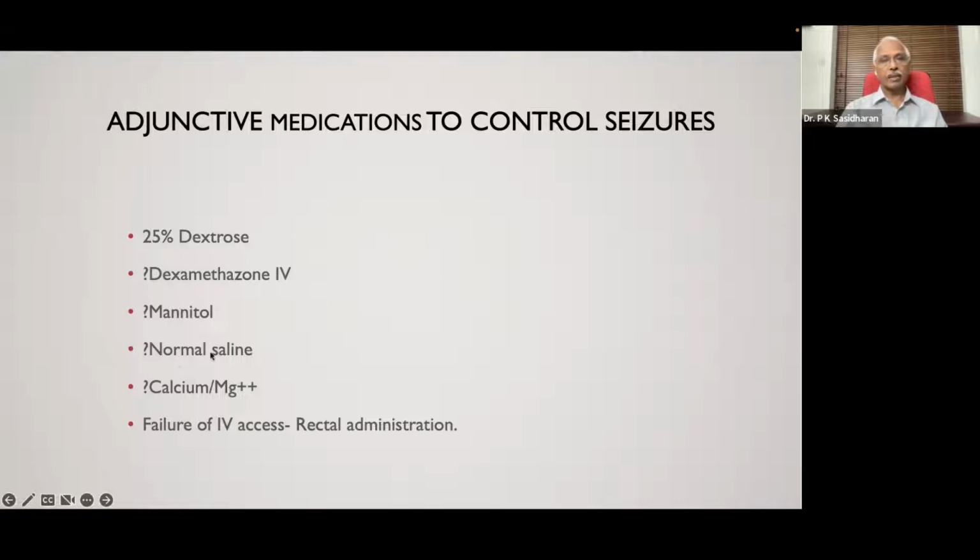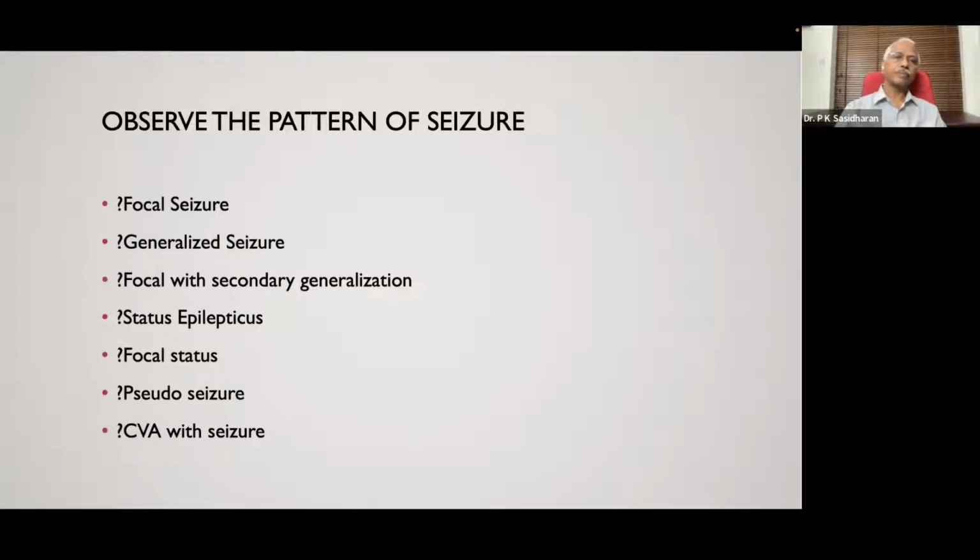If you think there is dehydration or hyponatremia as the precipitating factor, instead of or at least after giving dextrose, start on normal saline. Other medicines that can control seizures are calcium gluconate or magnesium administration. When there is failure to get IV access, as in children, rectal administration of diazepam can be resorted to.